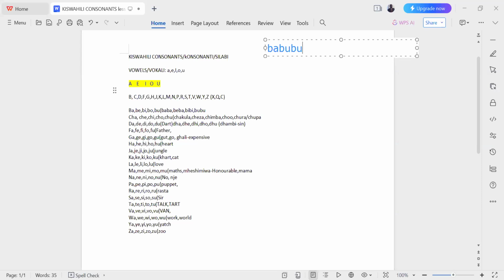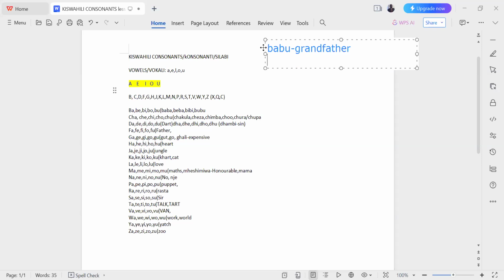Oh, it might be a community or the name of a village, but if you remove the second bu, you remain with Babu. Babu means grandfather. B-A-B-U, Babu, and that's grandfather.